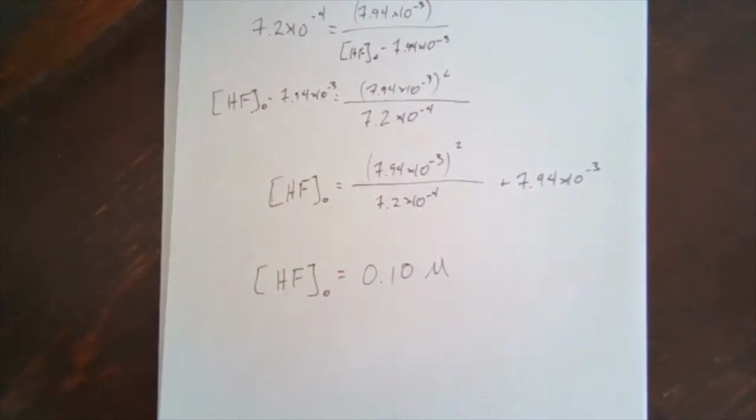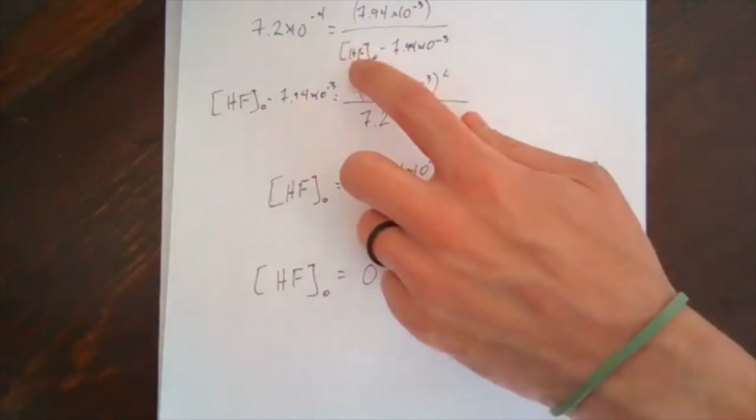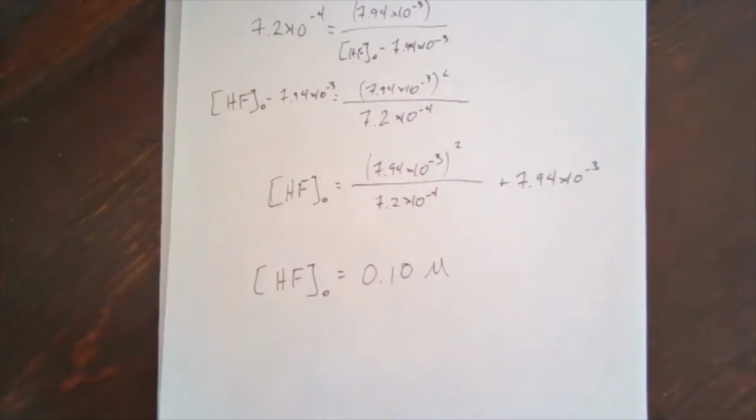And so that's doing algebra. But again, we're using the ICE table format to set up what the algebra problem looks like that we're trying to solve in order to get this initial concentration of hydrofluoric acid.